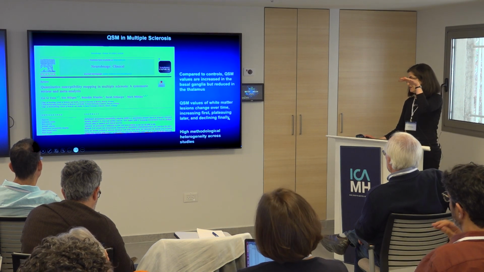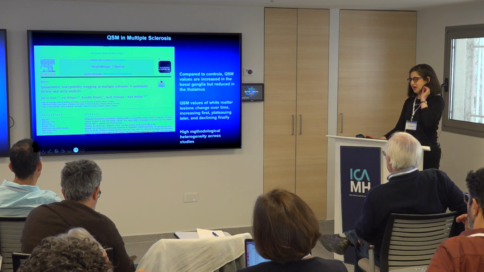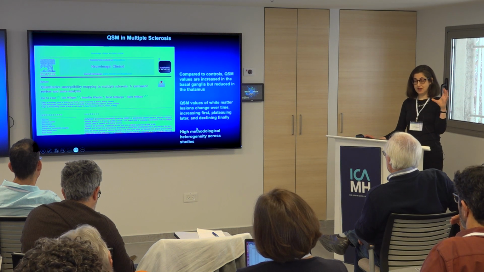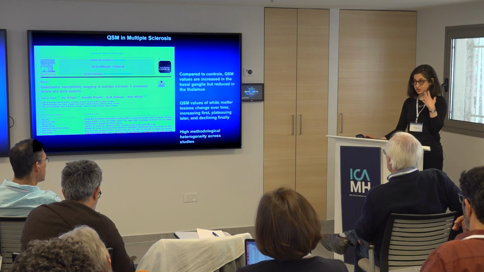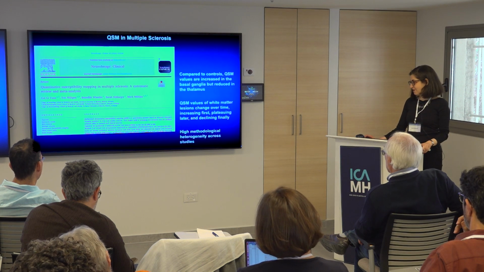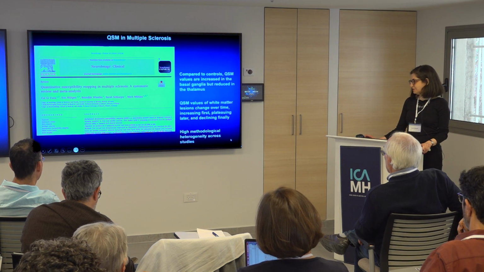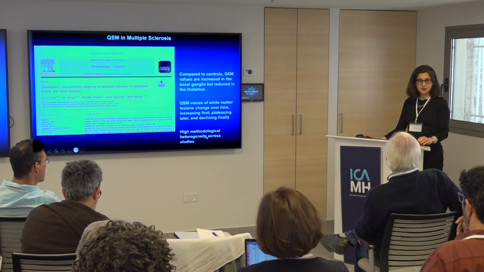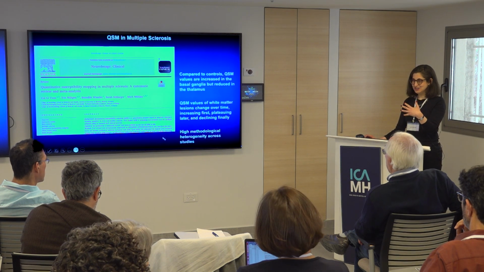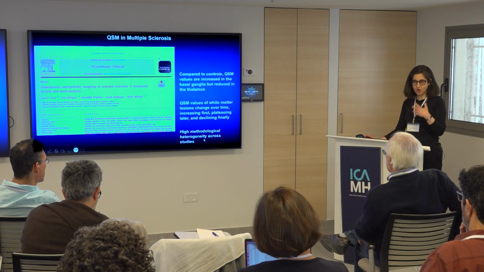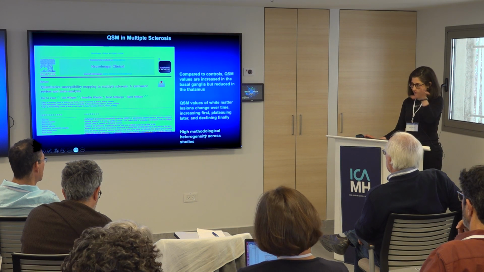They increase first, then plateau, and then decline. There's also a whole study now of the paramagnetic rims of these lesions, so that's a whole other area. The other thing to observe is that there's a lot of difference in the methods used to acquire the data, so there's a lot of harmonization work that needs to go on to try and synthesize these results together.